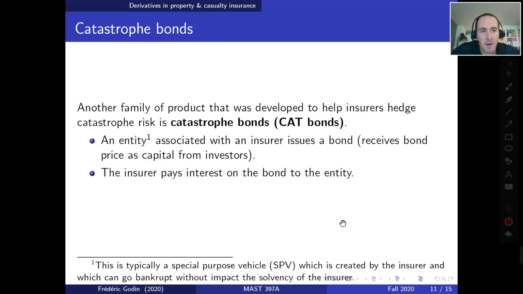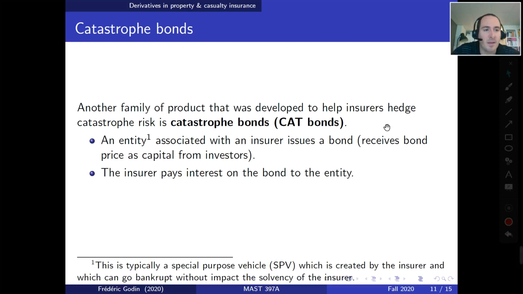There's another popular type of derivative which is used by insurers to mitigate their risk. It's catastrophe bonds, often called cat bonds. So if you see cat bonds here, this refers to catastrophe bonds. The functioning of these bonds is a bit more complicated than traditional bonds, but it's pretty interesting.